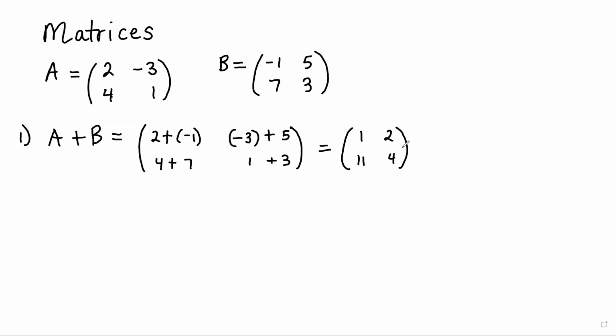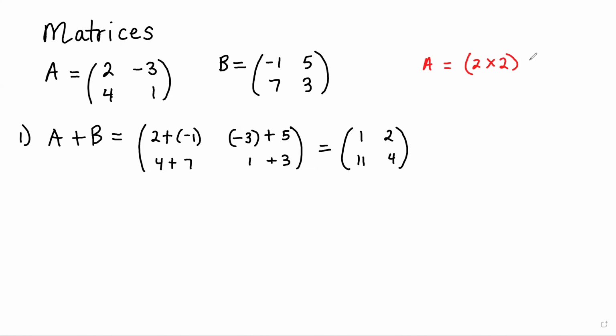Something to recall as well is that only matrices of the same type can be added. We determine the order of a matrix by listing the rows times the columns. So for example, matrix A here has 2 rows and 2 columns, so it will be a 2 by 2 matrix.